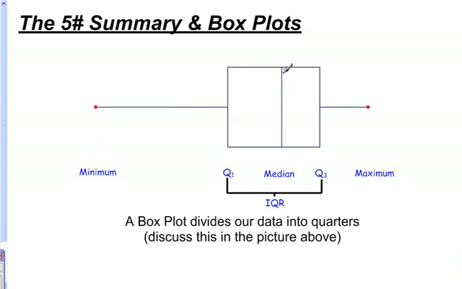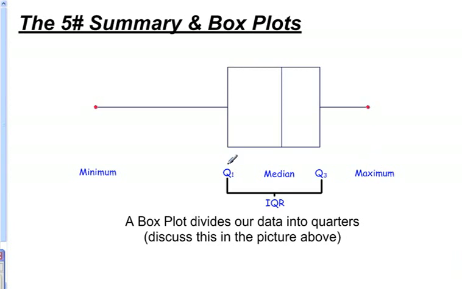The median is going to be the line that goes through the box, somewhere inside the box. It does not have to be right down the middle, but that's the median. And then the maximum will be our far right end point. It doesn't have to be a point, but the end of the whisker on this side.